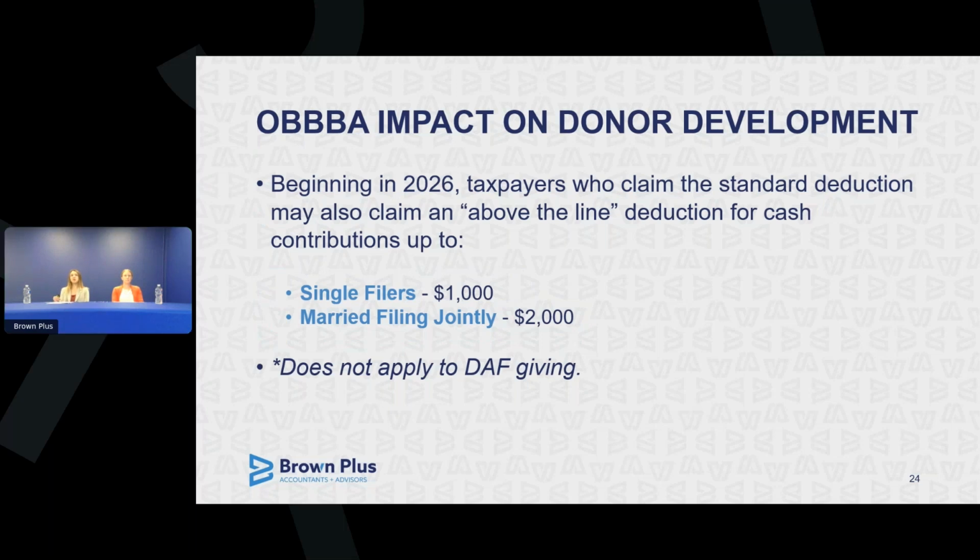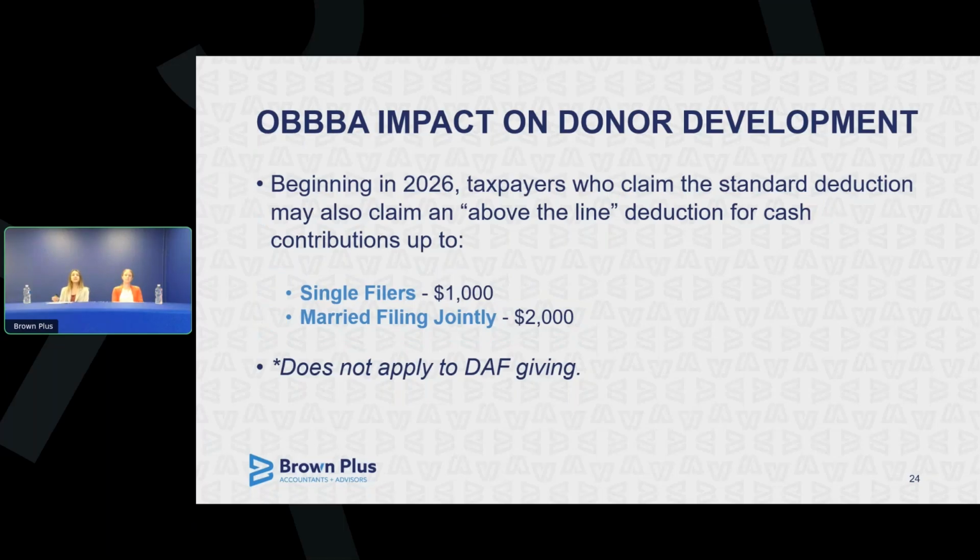I wanted to spend a few minutes talking about the tax bill's impact on donor development. So the One Big Beautiful Bill Act was passed over the summer, and it had some key changes that I think are important for nonprofits to be aware of as they are going out and fundraising.